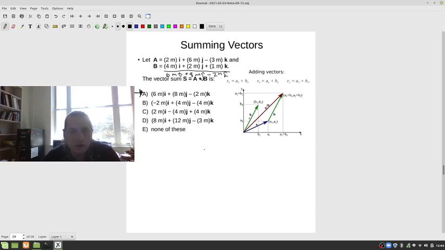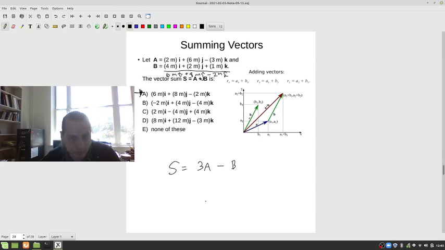The thing to be careful about is that I would definitely be okay giving you something like find S equals 3A minus B, or something like that. And in that case, you'd have to take 3 times each one of these components, so 6 meters times I, plus 18 meters times J, minus 9 meters times K. And then minusing off a vector would mean subtracting each one of the components.